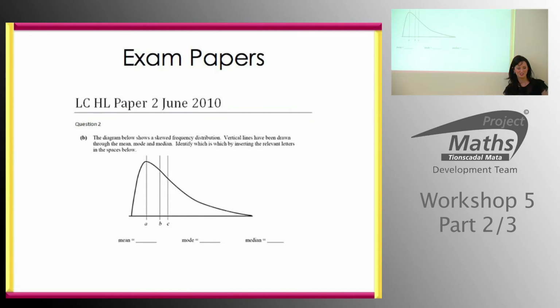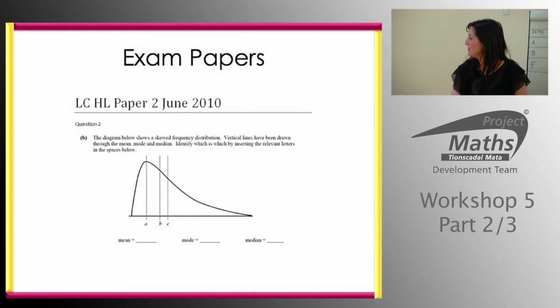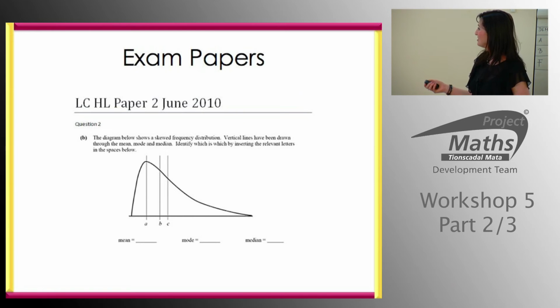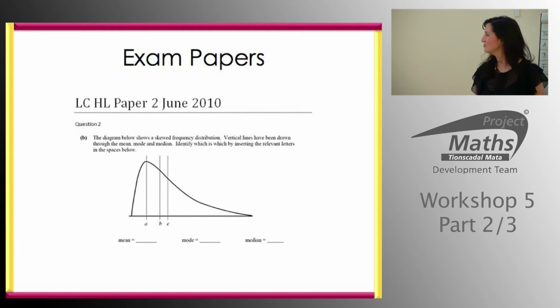So which one's which? Perfect. So A is the mode. Perfect. So it's the most frequent. And what did you say the mean was? C. Perfect. So the mean is C. It's been pulled to the right of the median B. Perfect. Okay.